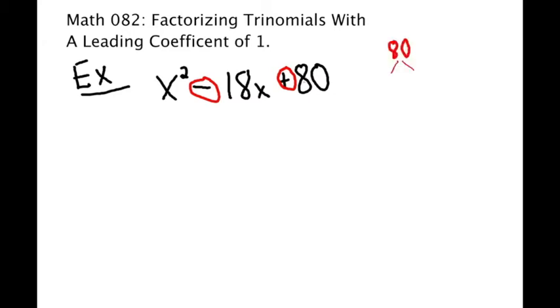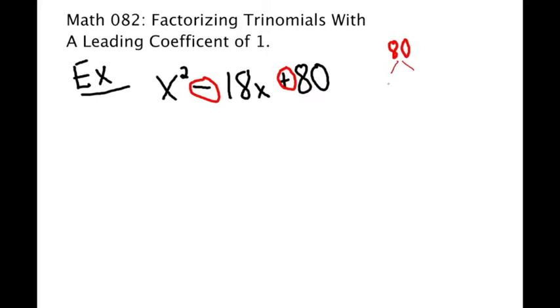So when we list the factors, we're going to need to see, are they both going to be positive or both going to be negative? Well, to know that, we're going to look at this sign right here. Since this sign is negative, we know that they're going to need to add to be negative. So if these were both positive, there's no way that they would add to be a negative. Therefore, both factors of 80 need to be negative.